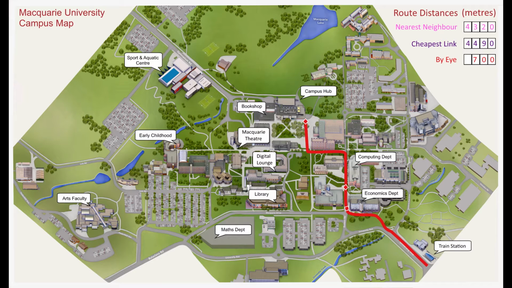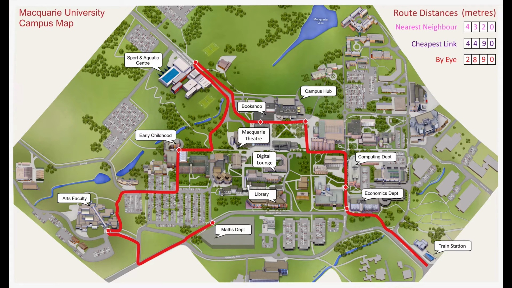His next locations in order are the bookshop, the Sport and Aquatic Centre, the Early Childhood Institute, the Arts Faculty, and the Maths Department. He only has a few more locations to visit.